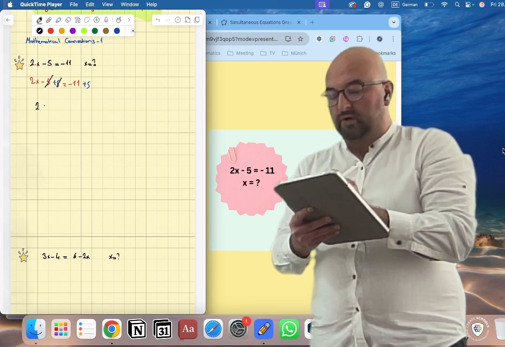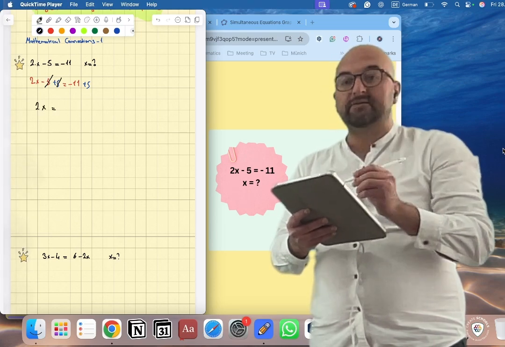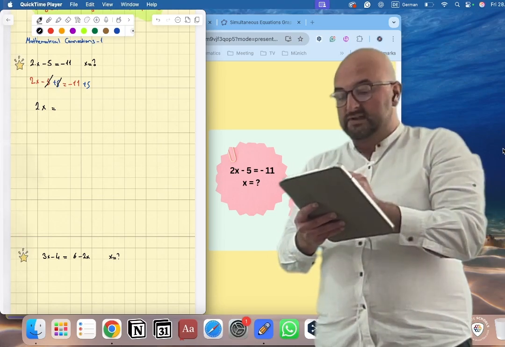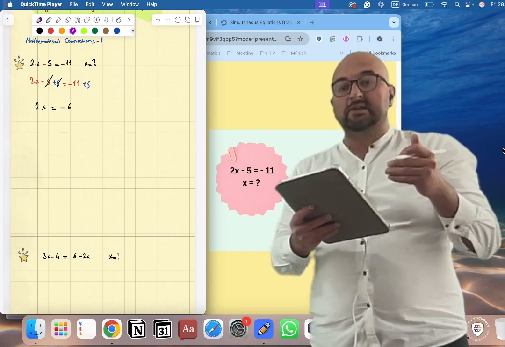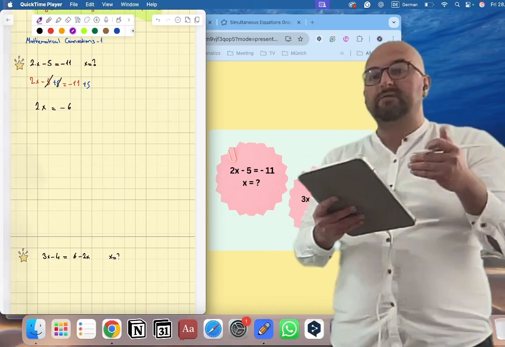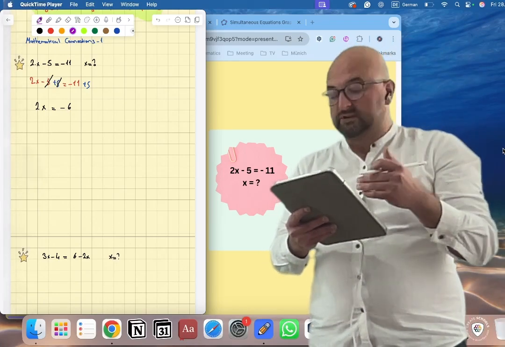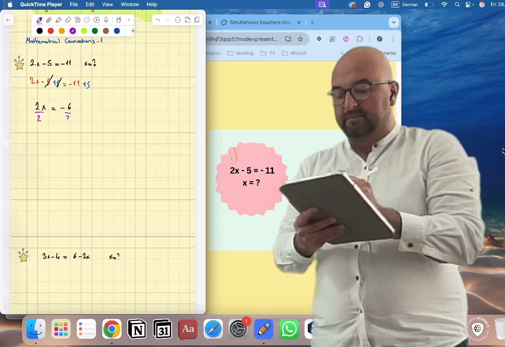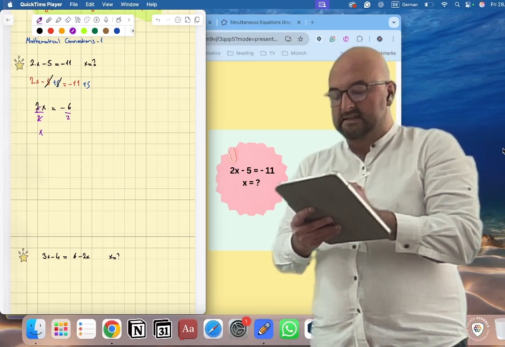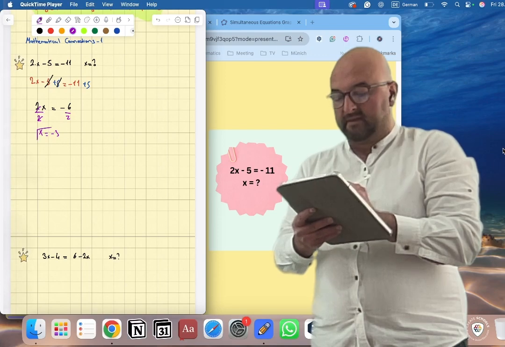You have 2x equals negative 11 plus 5, which is negative 6. And if 2x equals negative 6, you need to divide both sides of the equal sign by 2. So divided by 2 and divided by 2, you have x equals negative 3.